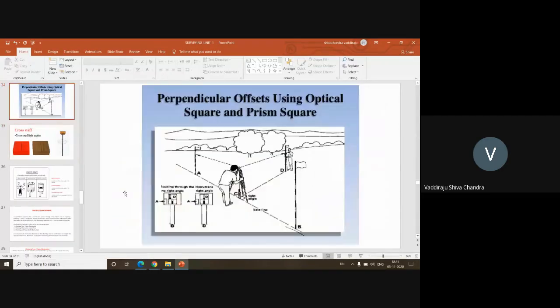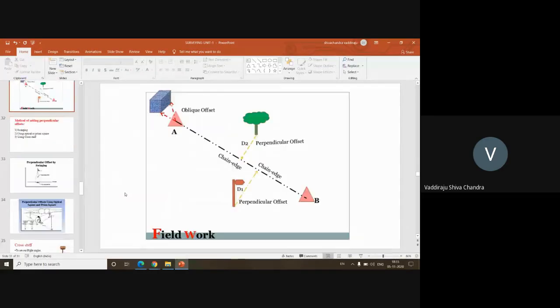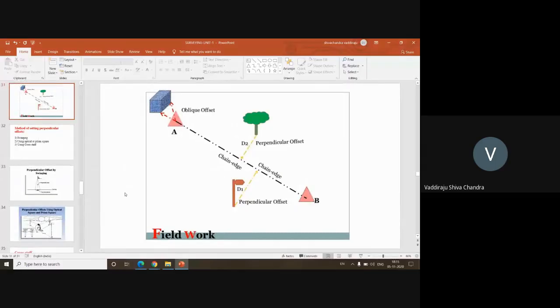No doubt, whenever you are doing any work in chain surveying, by default you will be having offsets. Instead of trees and flagpoles, if you have multiple buildings and want to plot the building shape, then definitely you need to measure the distances.